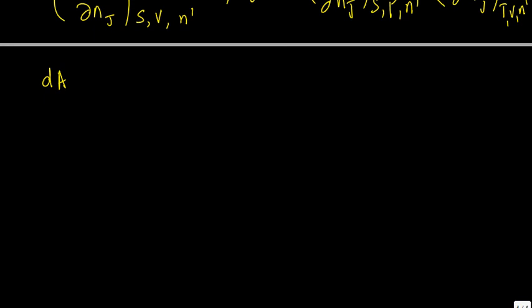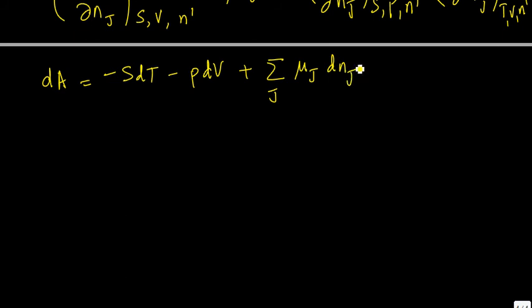Expansion plus additional. Okay, that's how we derived it. Now if you look at this, dA would be equal to minus SdT minus PdV plus sigma over J of mu J dNJ. I could write it like that, yeah?